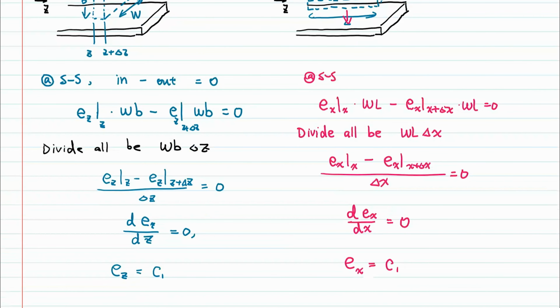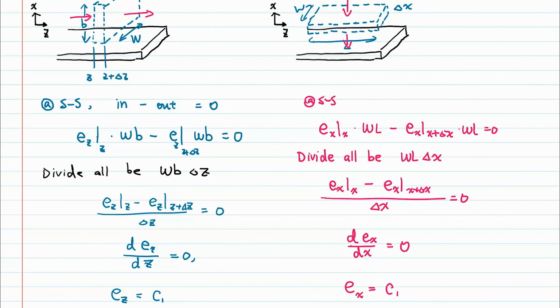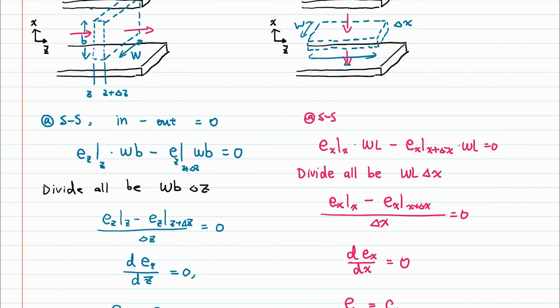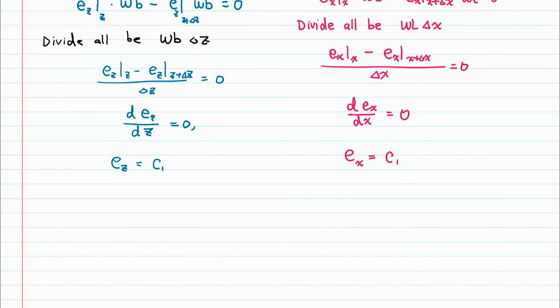Okay, so let's try to continue, right? So remember, if we analyze the problem, how would you expect the energy to be transferred? Should it be transferred in the z direction, or should it be transferred in the x direction, right? So if we continue our discussion, we can still proceed with both directions. So let's take a look at what Ez is. So let's review the combined energy flux vector.